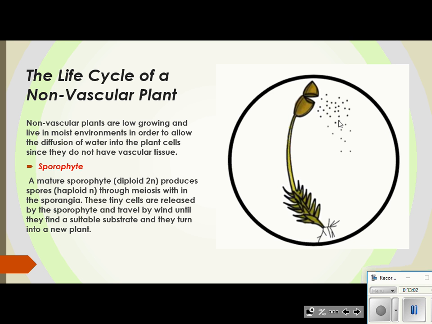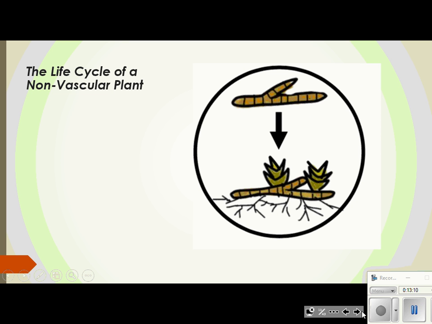Now, the next part of the life cycle is going to be this one right here. So find that picture here. With this picture, the gametophyte.